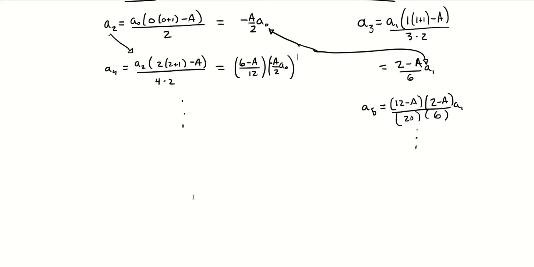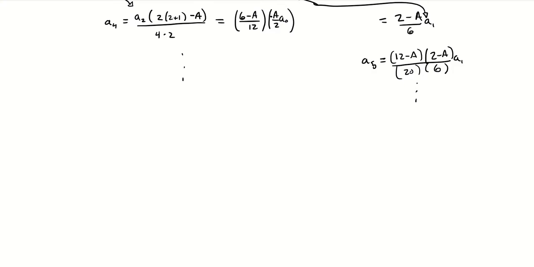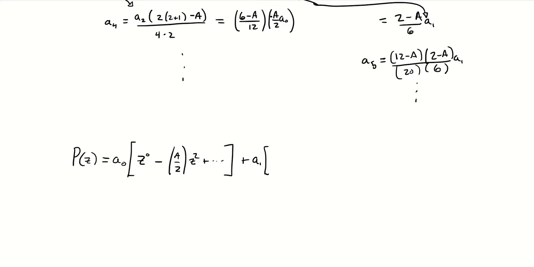And we've got our P sub z that will look like this: P sub z is equal to a0 times (z to the 0 minus a over 2 times z squared plus dot dot dot). In the odd terms, a1 times (z to the 1 plus (2 minus a) over 6 z to the 3 dot dot dot).